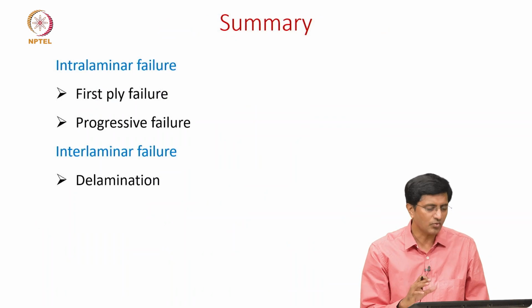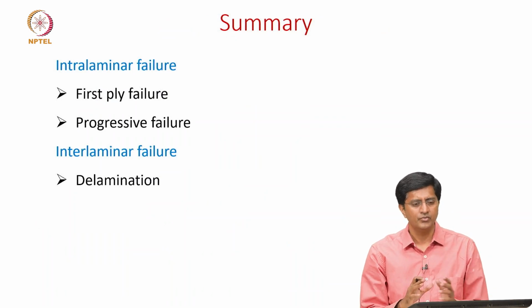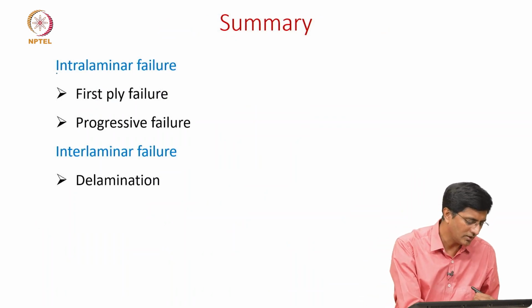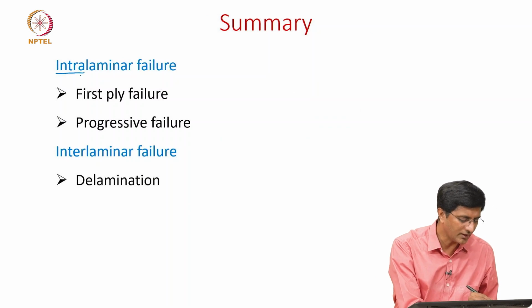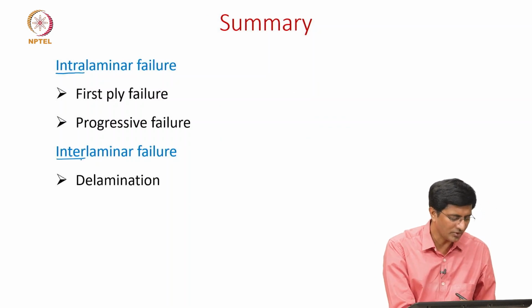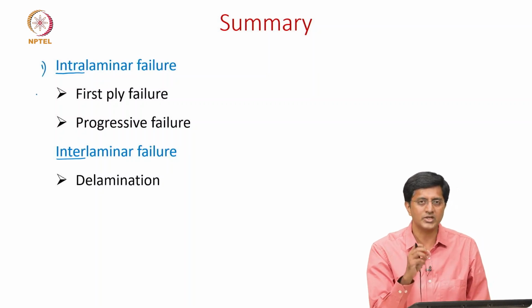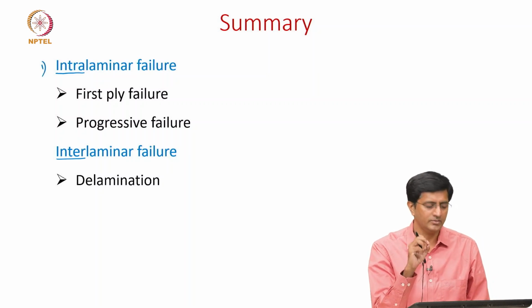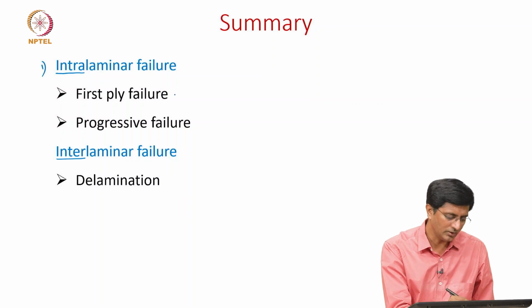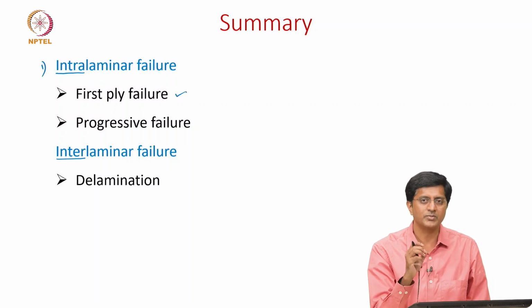So let's summarize what we have discussed in this video. We first started by differentiating what are intralaminar failures and interlaminar failures. Intralaminar failures, we said, are the failures occurring within the lamina. So in that aspect, we discussed how we can find what is the first ply failure, meaning the ply which will fail first.